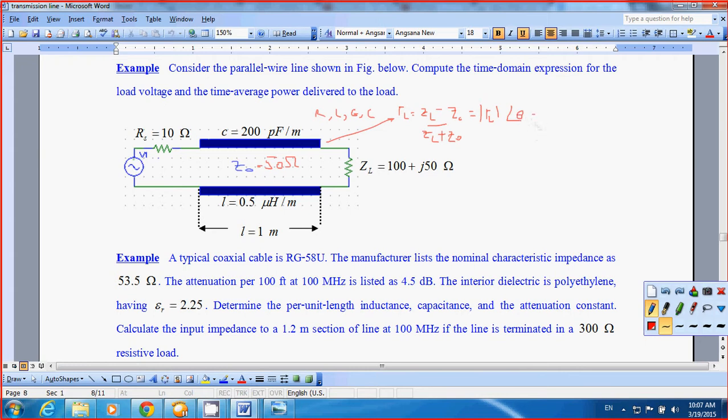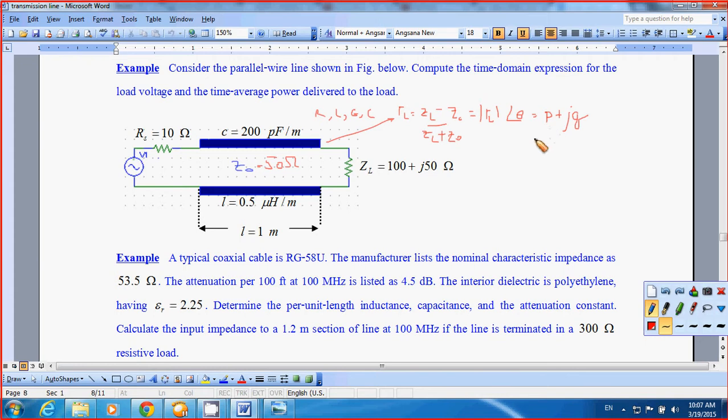It can be written in terms of the real part P plus the imaginary part Q. So basically you have to divide a complex number by a complex number. You can use your calculator to get the final number of the reflection coefficient tau L.